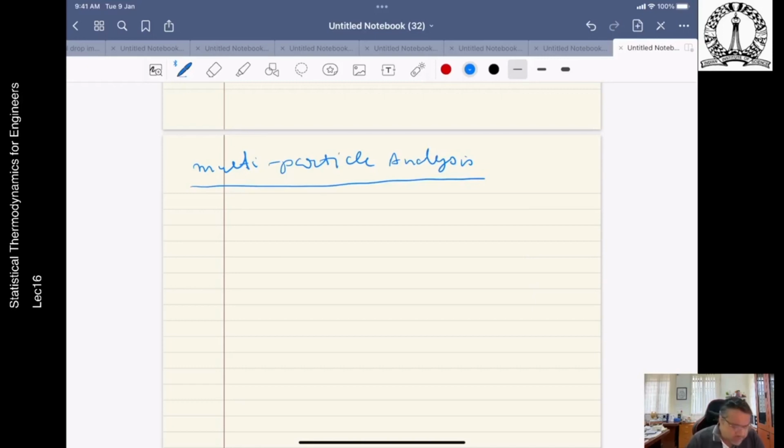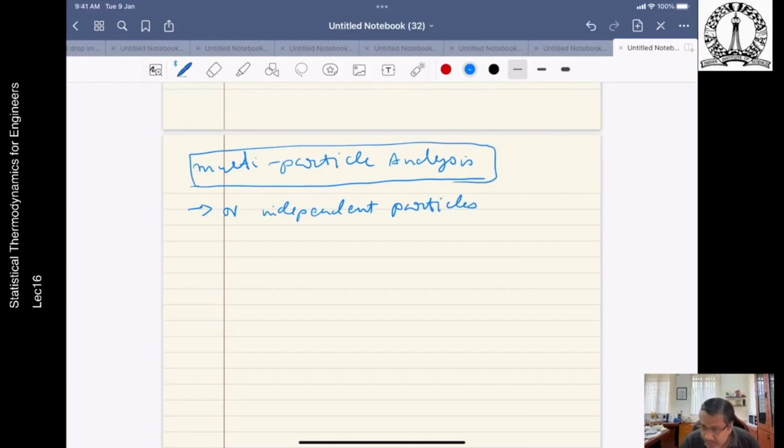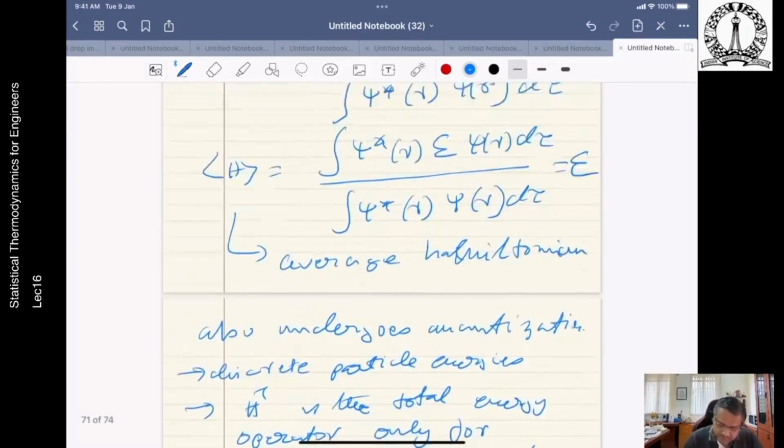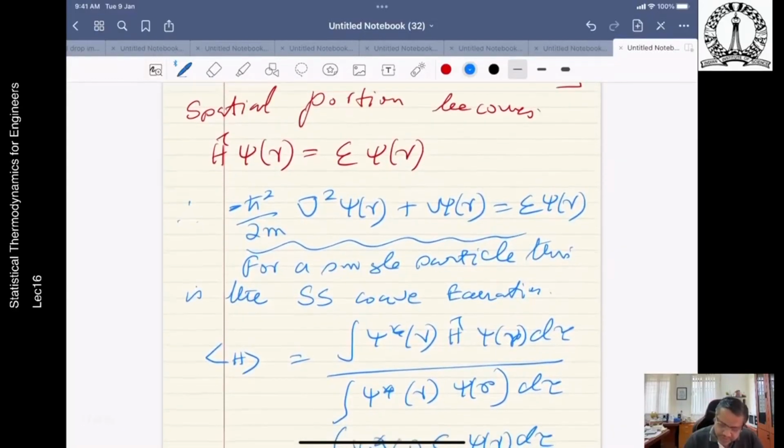By multi-particle analysis, we mean that there are n independent particles. Previously we looked at a single particle. Remember the previous forms, whatever we did, all corresponded to the single particle.